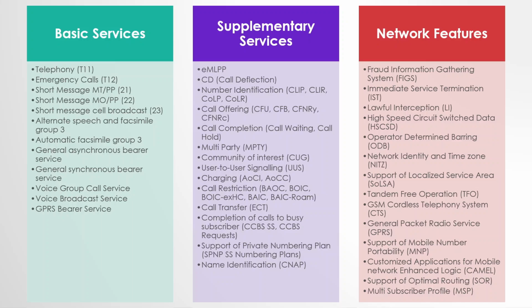Shall provide access to the data sent or received by the target mobile user, such as speech, fax, or data on behalf of law enforcement agencies. High-speed circuit switched data, which allows users subscribing to the general bearer services to access user rates that can be achieved with one or more traffic channels.